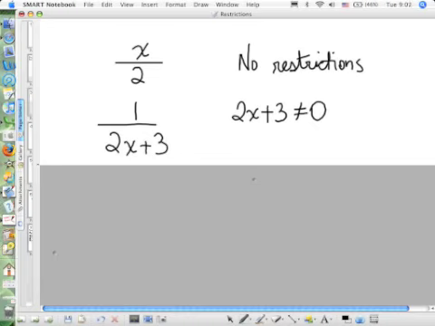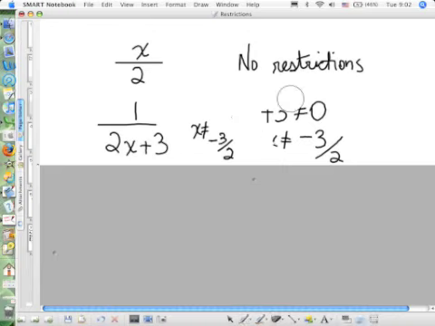So we do the opposite of this plus or minus, and then we divide by the coefficient of x. So x, in this case, cannot equal -3/2.